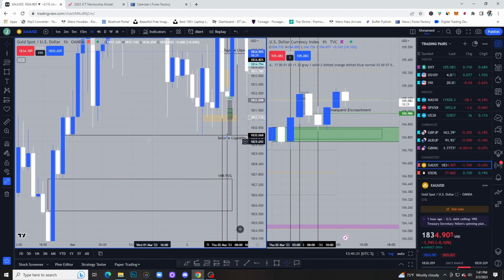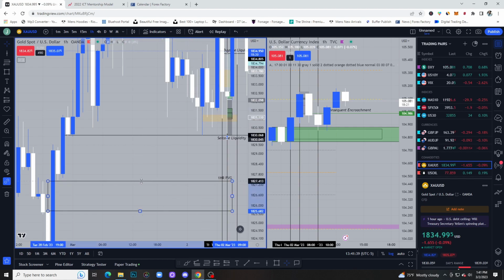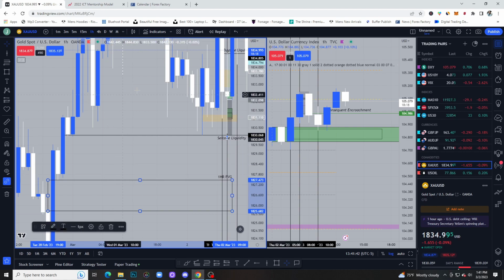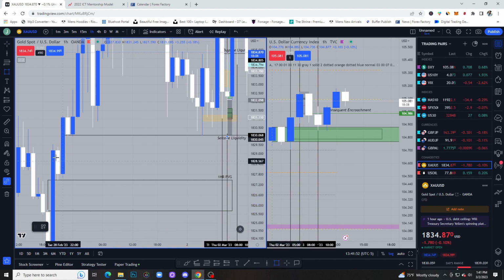So right here we have relative equal lows. Originally I was anticipating price to head lower, right? I was anticipating price to run this sell side liquidity pool and continue lower, possibly revisiting this 1 hour fair value gap right here. I'm just going to mark it out.